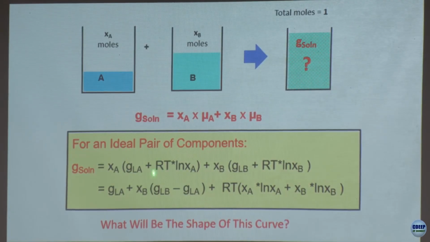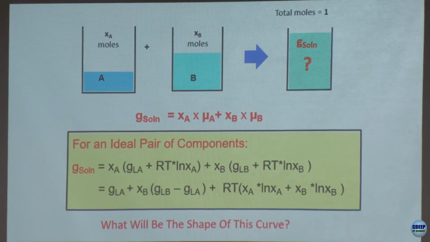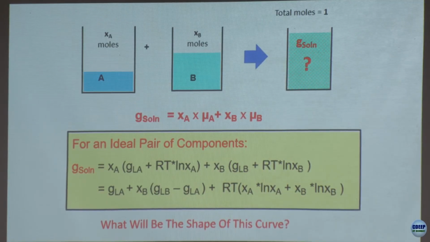So GLA plus RT ln XA, XB multiplied by GLB plus RT ln XB. Now we invoke the definition of the chemical potential by Gilbert-Lewis, and if we rearrange this, putting XA equal to 1 minus XB, what you will get is GLA plus XB multiplied by (GLB minus GLA), which is nothing but that particular straight line before mixing, and this is the remaining component of that.